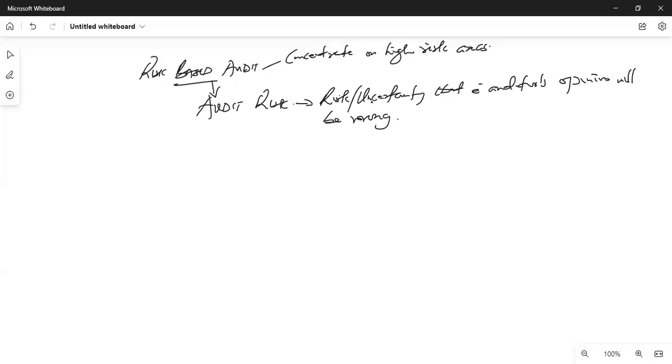Audit risk comes from two main sources. The first part is actually the company, the entity itself, and that part is what we call risk of material misstatement.